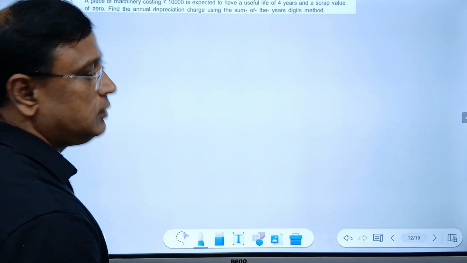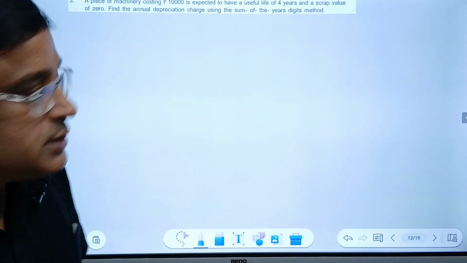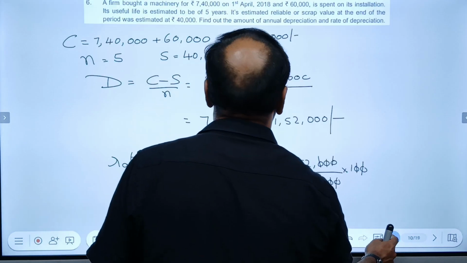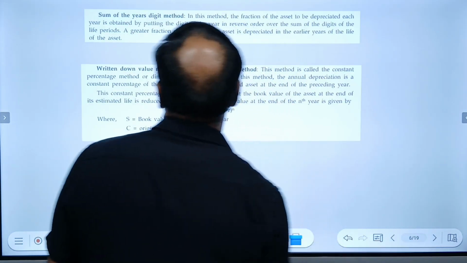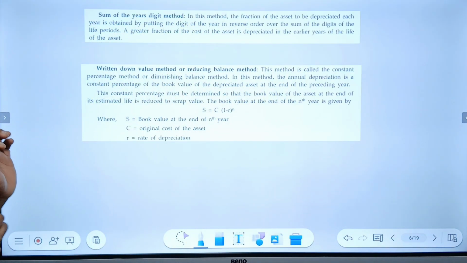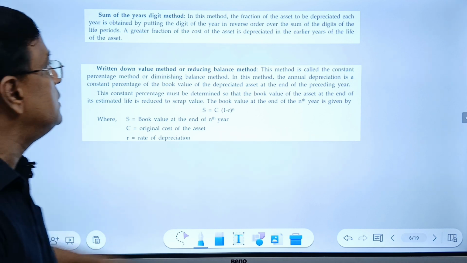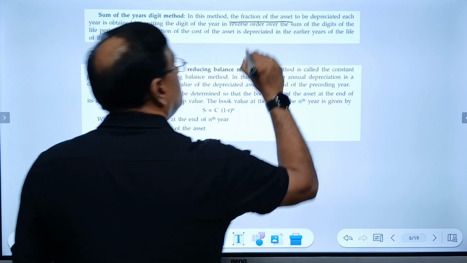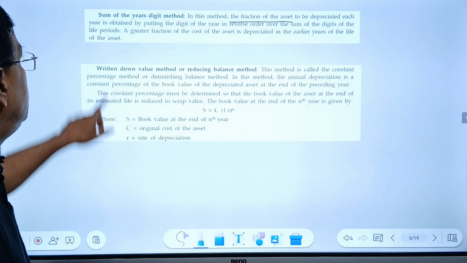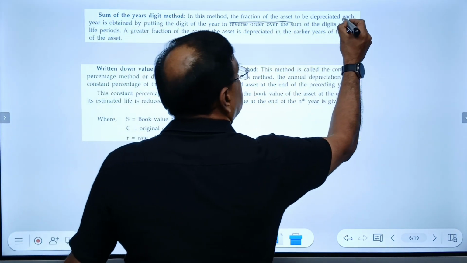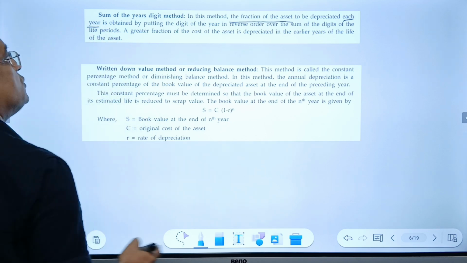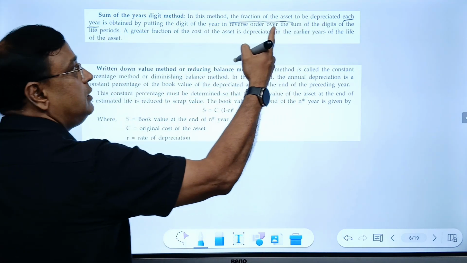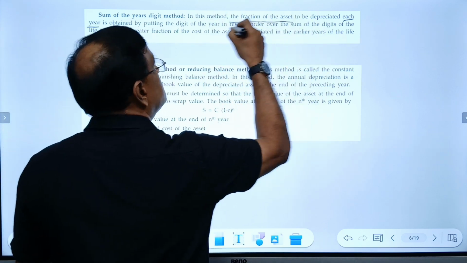Now next we are going to go to the next type called the sum of the years digit method. Let's go back and see what that method is. In the sum of the years digit method, the fraction of the asset to be depreciated each year is obtained by putting the digits of the years in the reverse order over the sum of the digits.